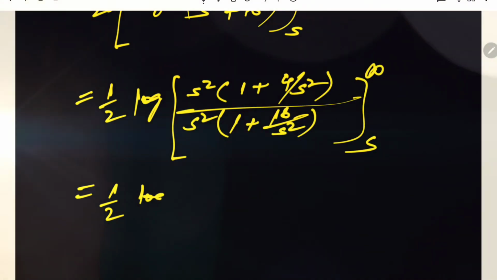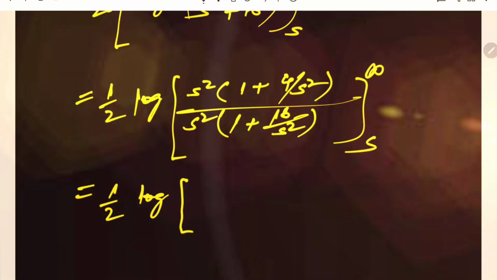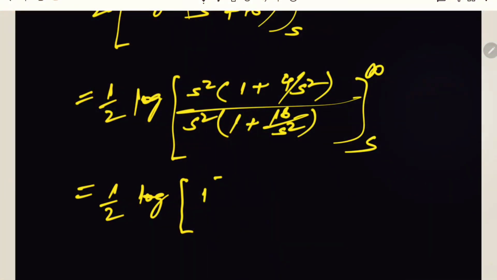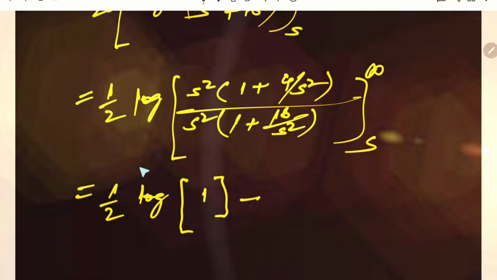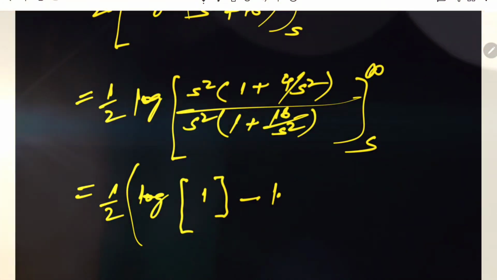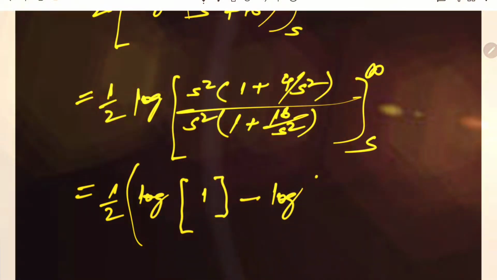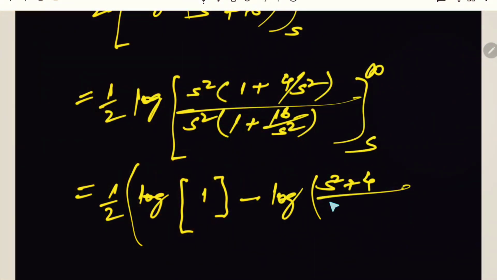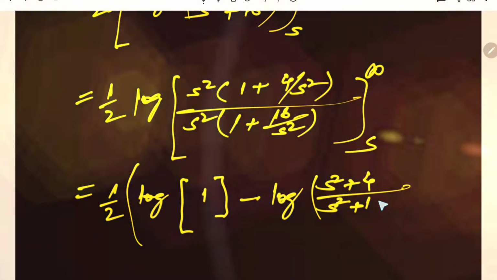And then interchanging the terms, as already I have explained how we can get that. Therefore, here I am not performing that step. By interchanging, we get the final answer as log of s square plus 16 divided by s square plus 4.